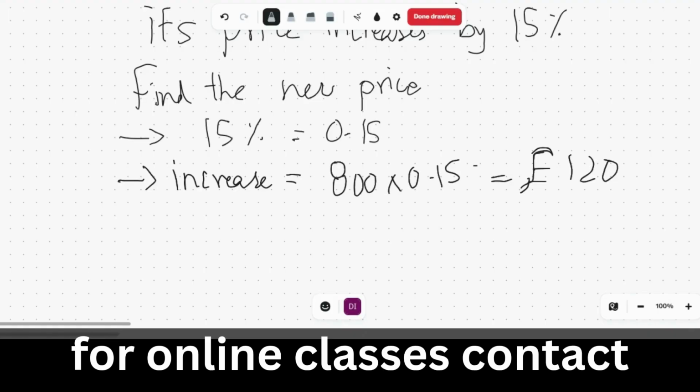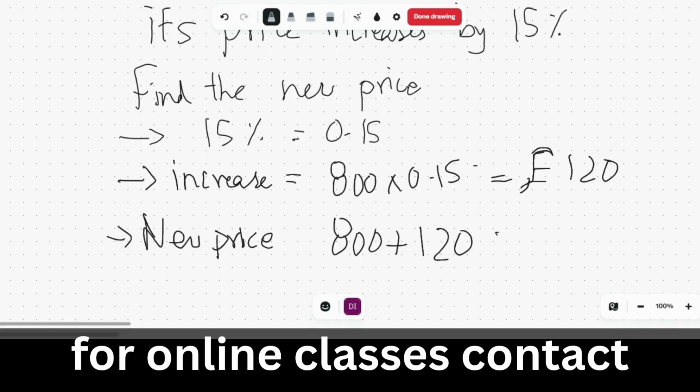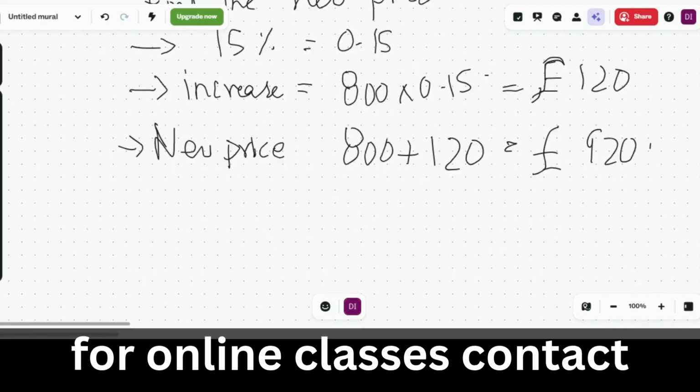So the new price or final price would be equal to 800, that is the original value, and that 120 is the increase in price. So that would be equal to 920 pounds.